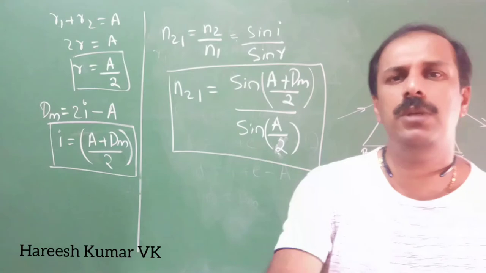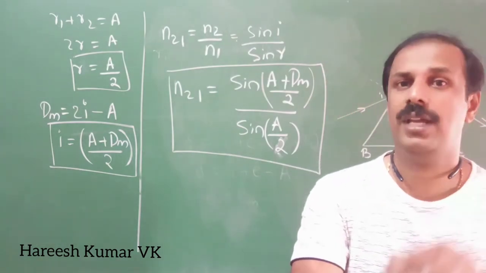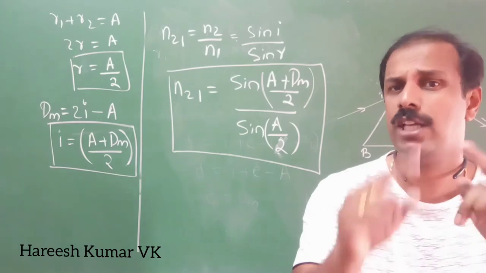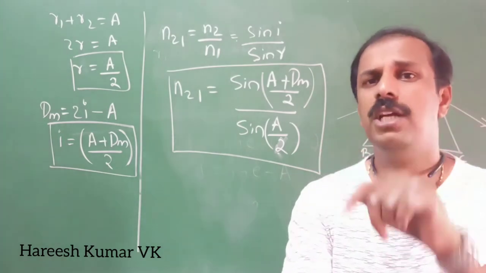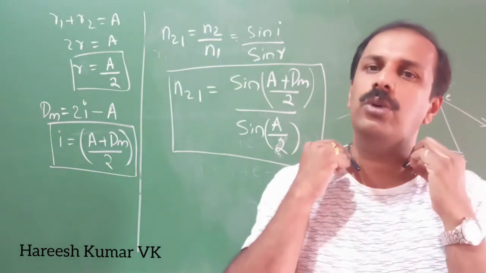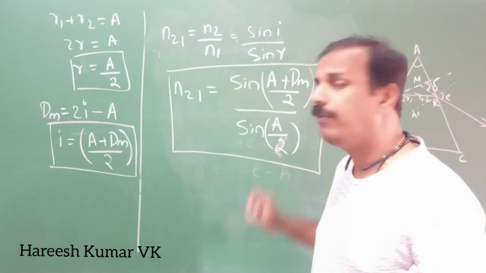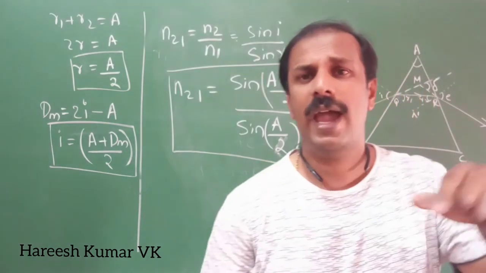So you have an experiment to find the minimum deviation of a prism. By 10th standard you did the experiment to find the deviation of a prism by using pins and all. This time what you have to do is change the value of the angle of incidence.